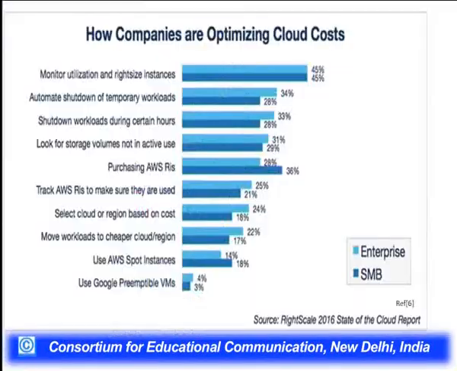Then we can also automate the shutdown of temporary workloads. If you're not using any workload on the cloud at a particular moment, we can temporarily shut it down automatically. That also saves cost. Then we can shut down the workloads for a certain number of hours.